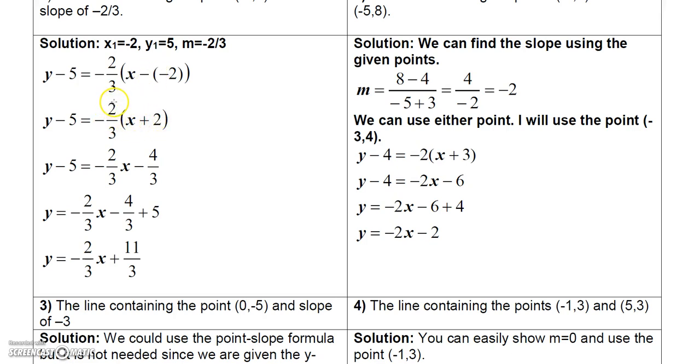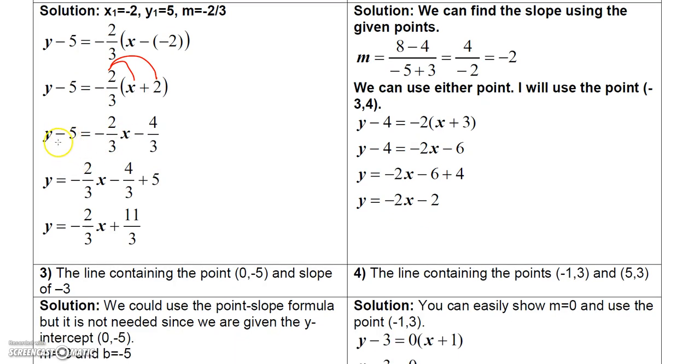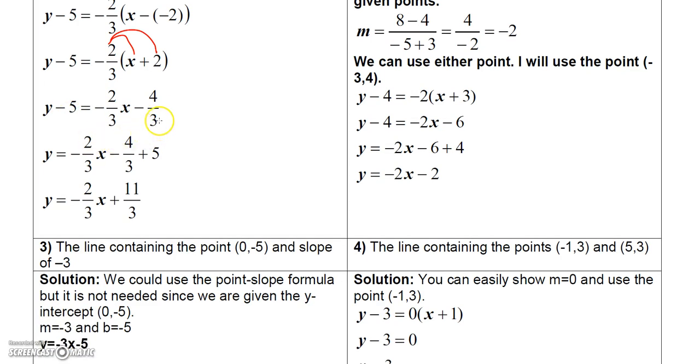Now what you need to do here is distribute the -2/3 through x and 2. So -2/3 times x would be -2/3 x, and then -2/3 times 2 is -4/3. And then the last step, you need to add 5 to both sides so that you can get the y by itself. So if you add 5 to both sides, you would get -2/3 x minus 4/3 plus 5.